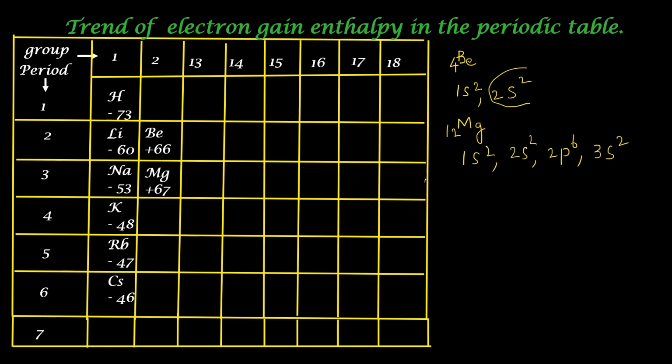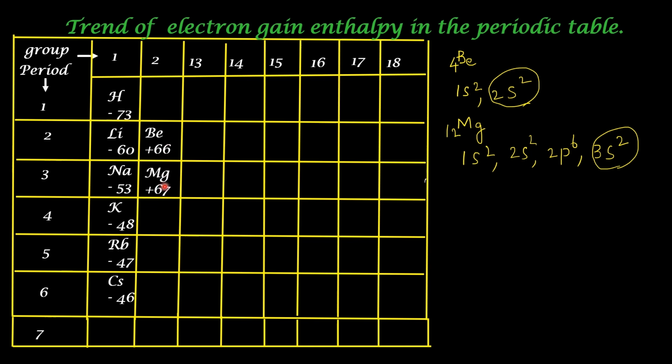The outermost shell in beryllium and the outermost shell in magnesium are fully filled. Therefore, it becomes difficult to add an electron. Energy has to be supplied from outside. Therefore, for beryllium and magnesium, the electron gain enthalpy takes up a positive value.